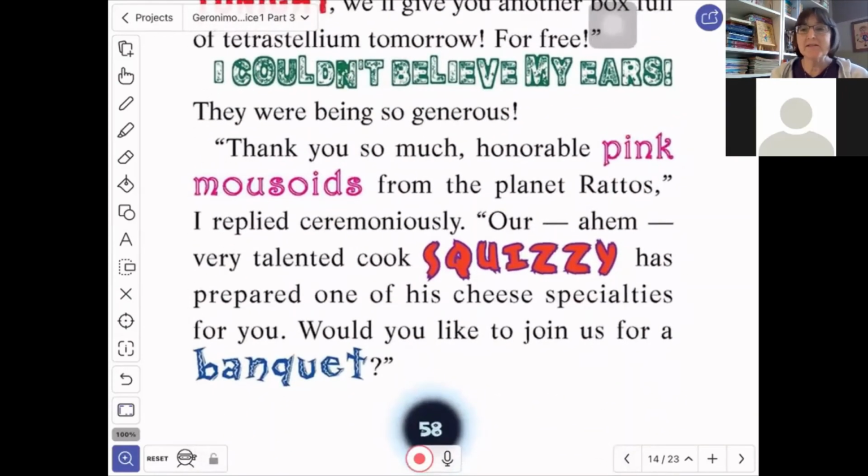Ceremoniously comes from the word ceremony. Ceremony is when you're doing something very official and formal and fancy, and like if someone wins an award and you want to give them a medal for winning the race or winning the competition, you would have a ceremony. And the way you would give them the award is ceremoniously.